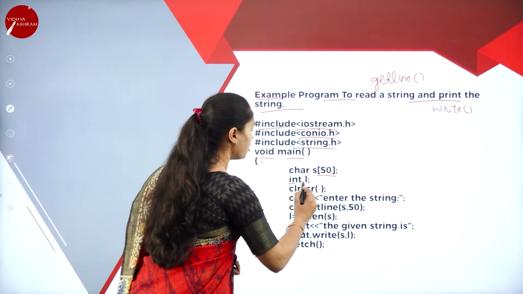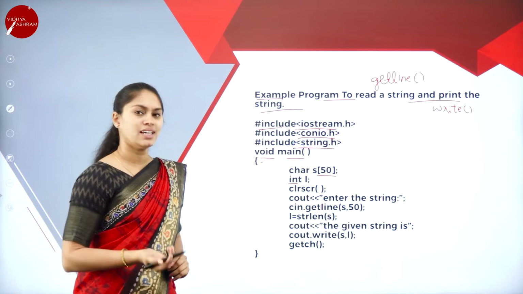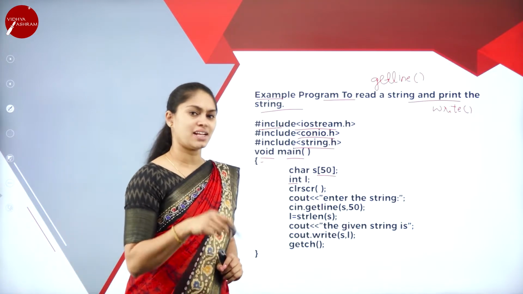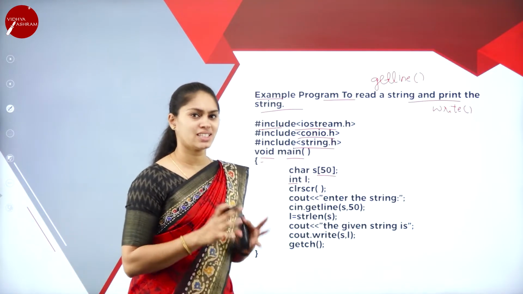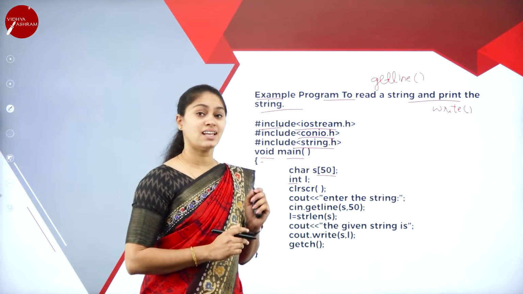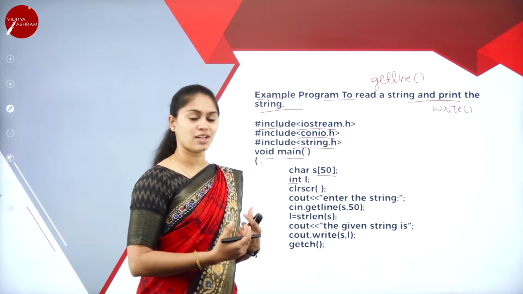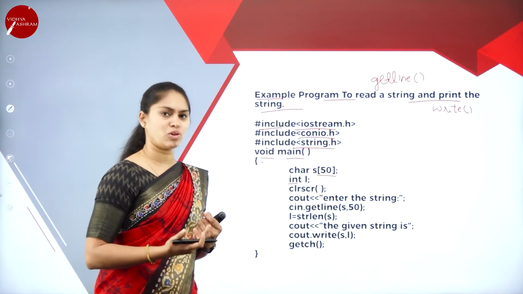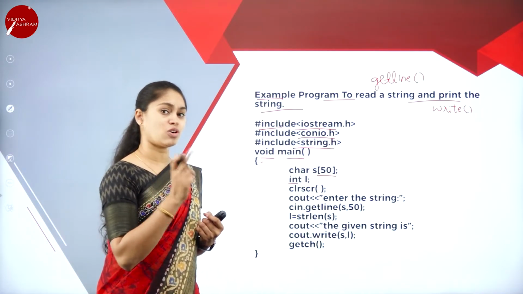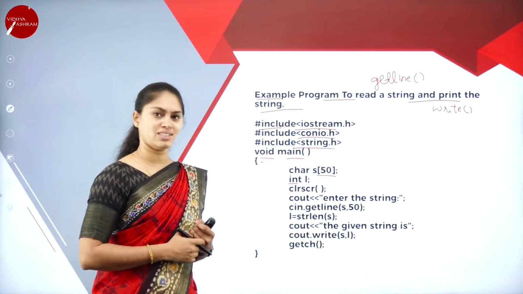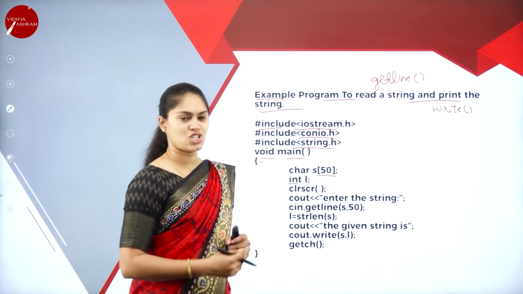Next I have int L. Here I have one more variable called L. Why am I using this L? In order to signify the length. What is the length of a string? In order to find that out, I am taking one more variable called L, which is of the data type integer. That means it will hold only integer values.